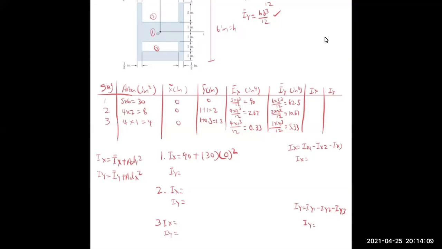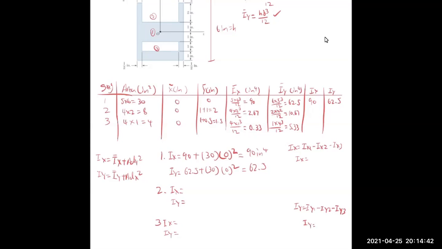This Ix will be 90 inch fourth, and then Iy, same thing, I have 62.5 plus 30, which is the area for 1, and the dy will be 0. So that will also be 62.5. So 90, 62.5. All right, and then let's consider segment 2.